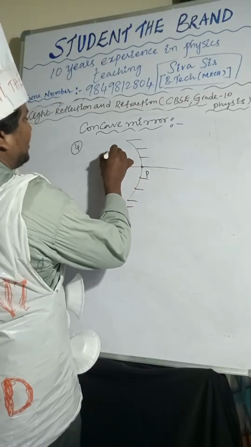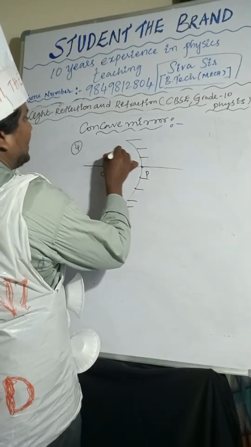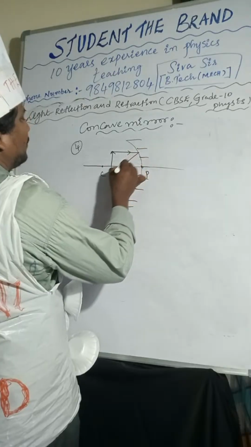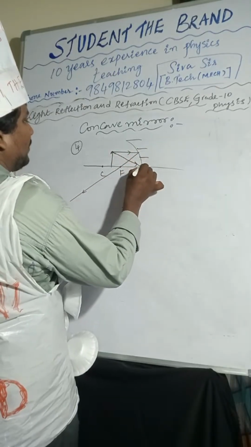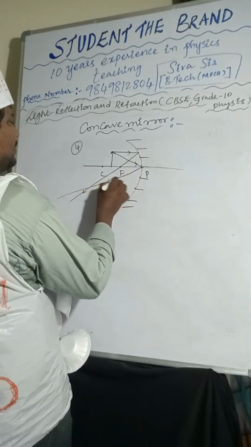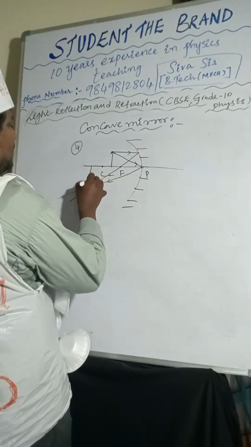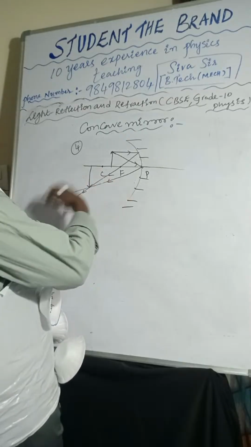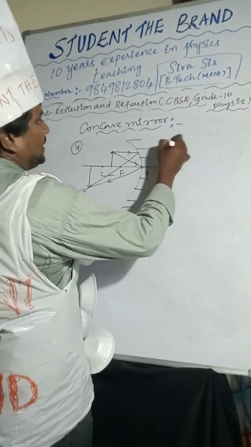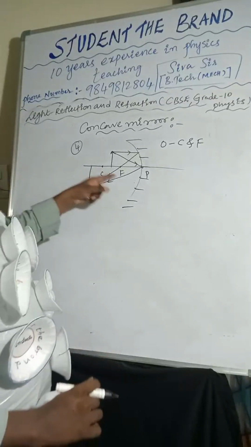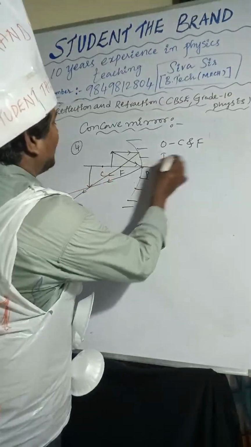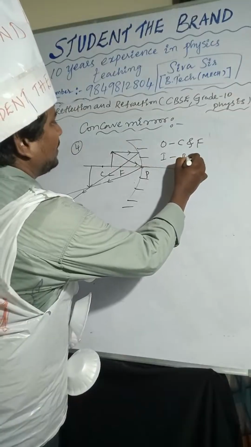Object is placed between C and F. One light ray taking like this, it passes through focus. Another light ray will incident at the pole, it reflects back. So sorry, the image will form beyond center of curvature. Object is placed between C and F, image will form beyond C.